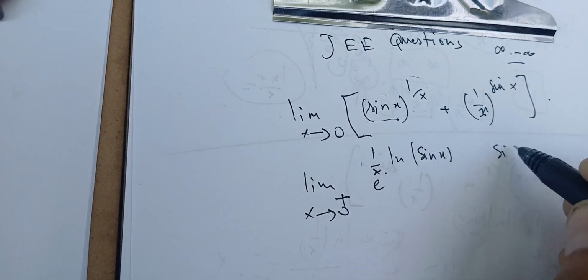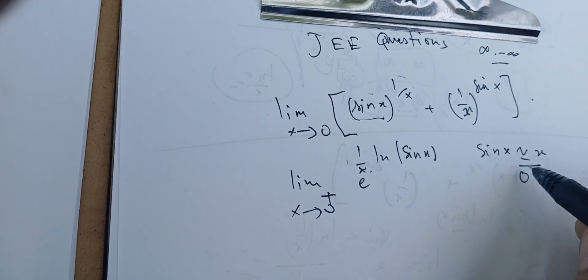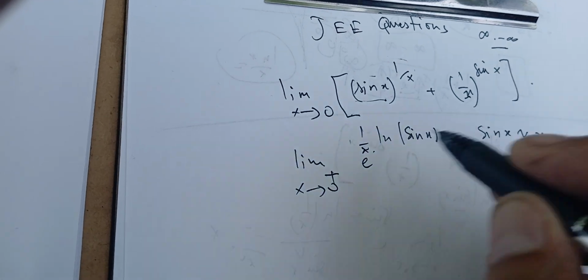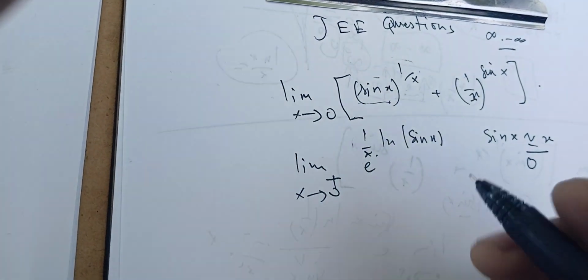Sine of x is almost the same as x close to 0, so they behave the same. This is some sort of squeeze theorem or equivalent form theorem.